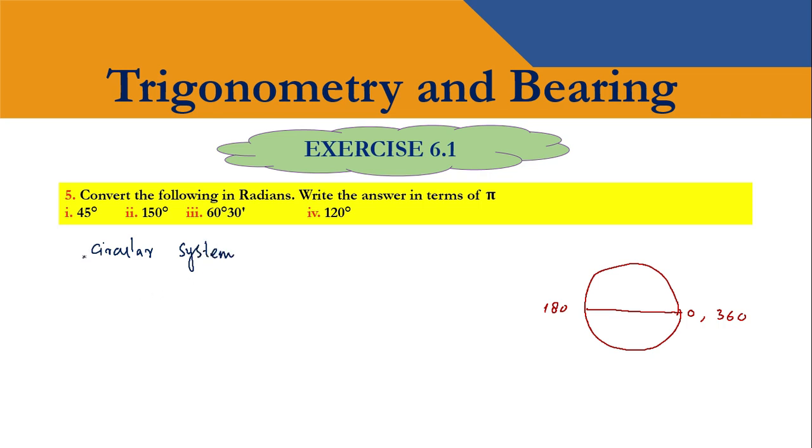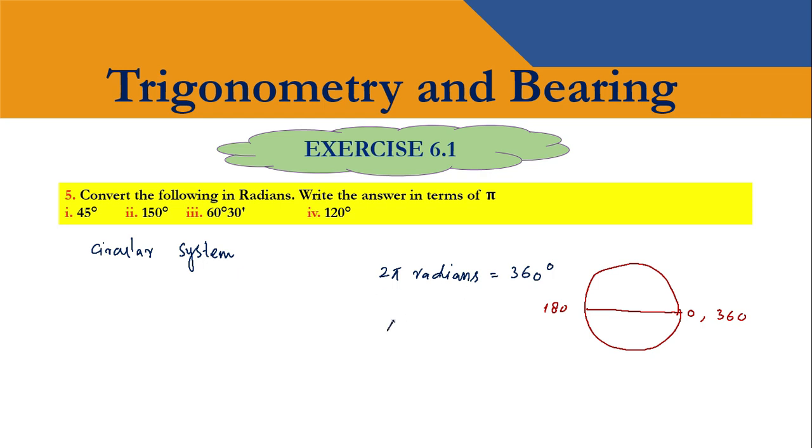The first 4 questions were related to the sexagesimal system, in which we convert the angles into the standard form of degrees, minutes and seconds. Now this is a circular system or radian measure. In this system, the ratio between the length of an arc and the radius is called a radian. 2 pi radians is equal to 360 degrees.